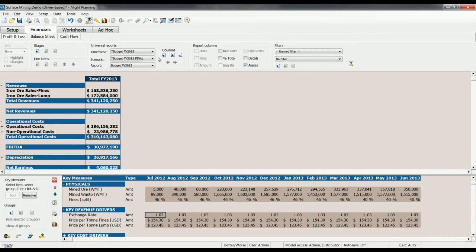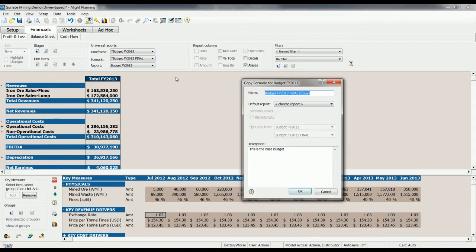So what we want to do is maybe take this scenario, make a copy of it, so we're going to call this one version 4, and let's maybe give it a description saying FX rate changed to parity with USD.